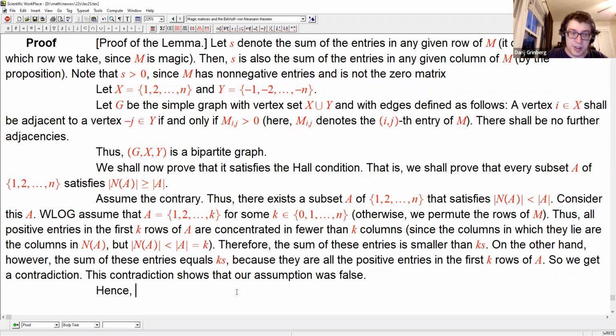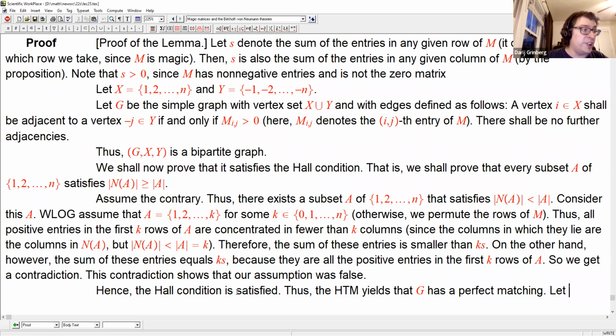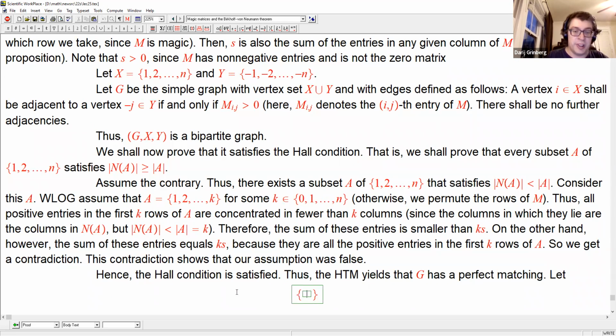Hence, the Hall condition is satisfied. So Hall's marriage theorem yields that G has a perfect matching. And now we play the usual game. Let this perfect matching be 1 with minus a1, 2 with minus a2, ..., n with minus an.